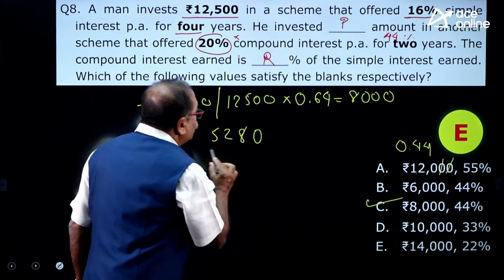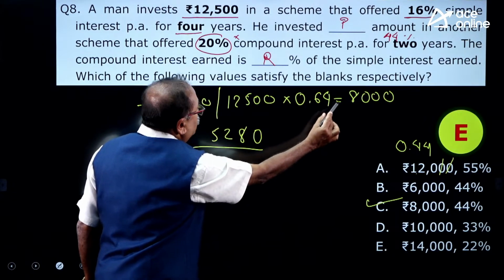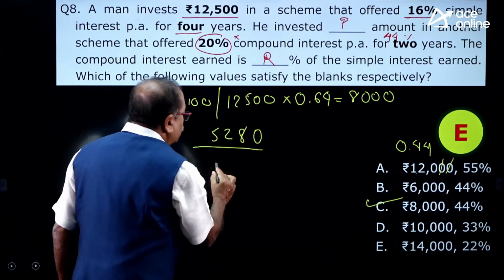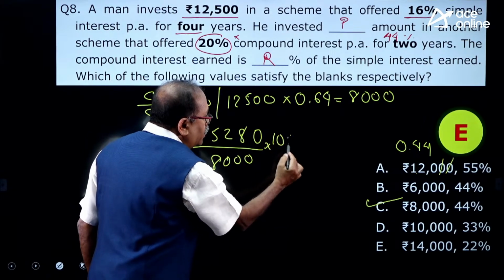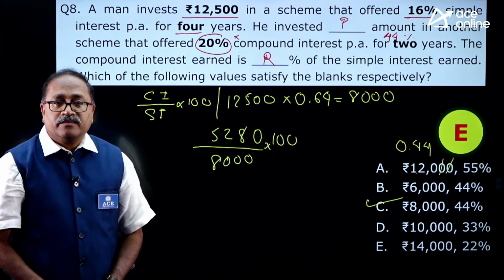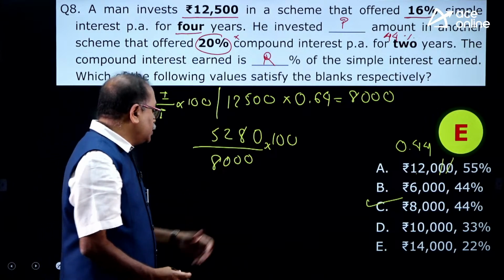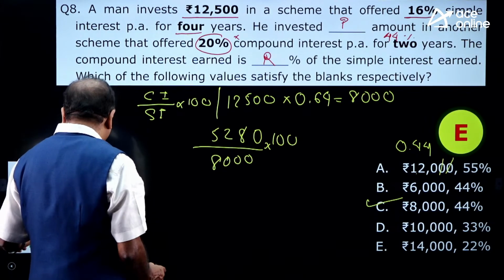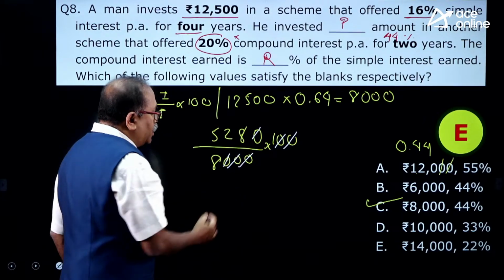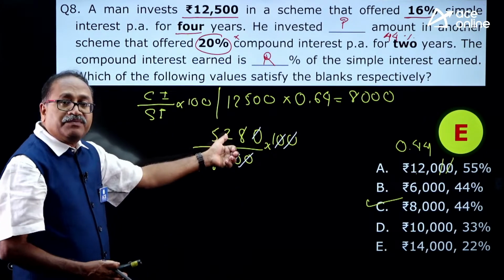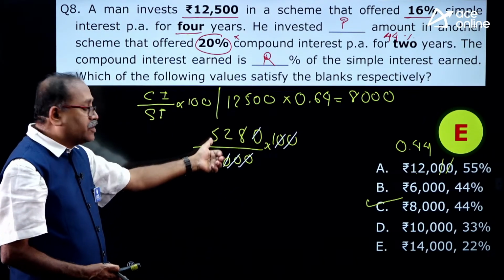Now this 52 is in the simple interest; we got 8,000. 8,000 into 100, will I get 55%? Check this one. Will I get 55%? 1, 2, 3, 1, 2, 3. And will it be 55 times? So 5 times 5 is 40.